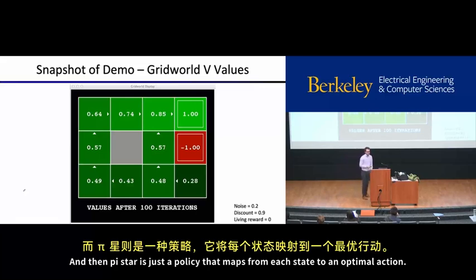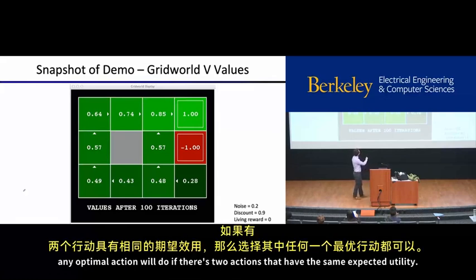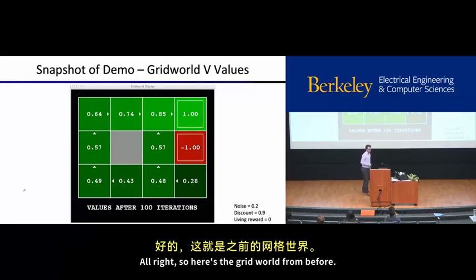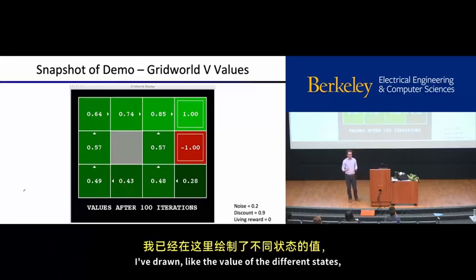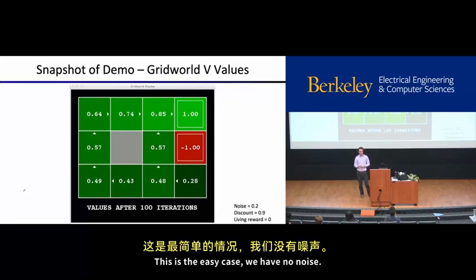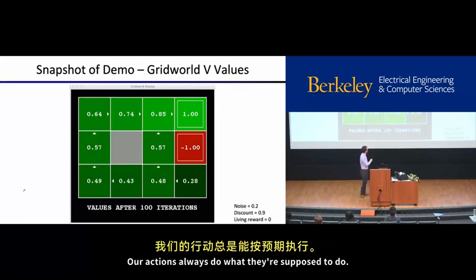And this has to do with 2 things, right? The discount factor is 0.9, and we're saying this is 0.85. So why are those 2 things different? Well, remember what the value is. The value of this 0.85 state says I'm going to take the optimal action from this state, and then I'm going to act optimally thereafter. The thereafter part means I'm gamma discounting that stuff. So I could get at most 0.9, even though I'm going to see this 1 reward, I'm going to get 0.9 for it.